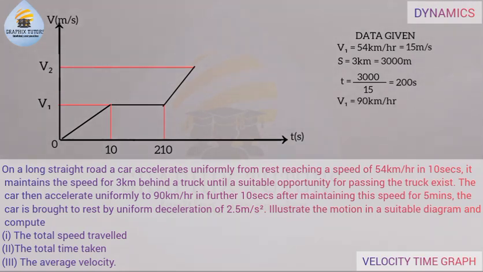That will be 90 times 1000 over 3600, and that gives us 25 meters per second. So V2 is 25 meters per second in a further 10 seconds. You add 210 plus 10, and that gives us 220. Is that okay now? So this point here is 220. Now we'll continue.